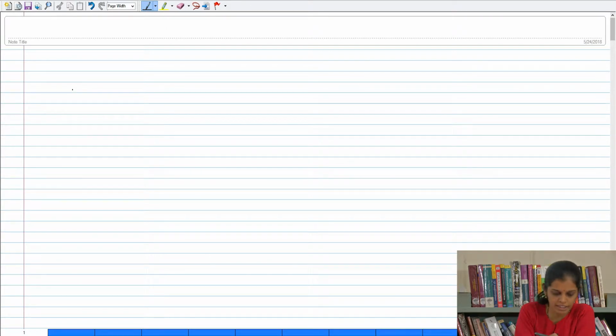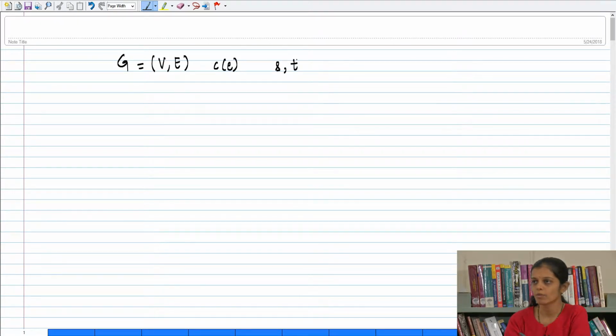So we have been given a directed graph G. It was called D, but I'll just call it G, (V, E), which has a capacity associated with every edge, and we have two designated vertices S and T, and our goal was to ship as much flow as possible from S to T with the constraints, that is, for every edge you cannot send more flow than the capacity of the edge, and at every node other than S and T the flow must be conserved, that is, the inflow into the node should be exactly equal to the outflow for every node except S and T.